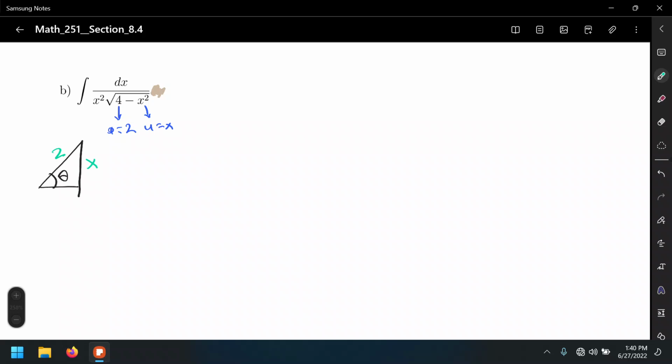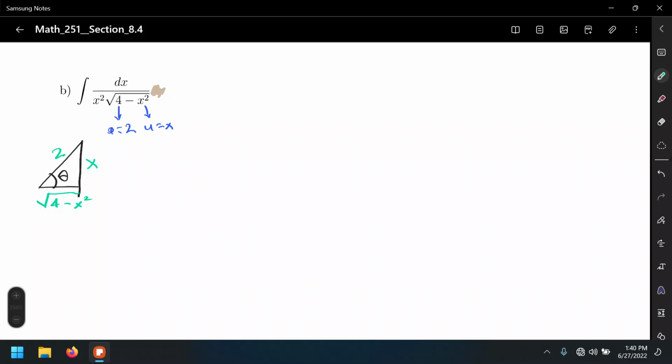Due to identities, we can get different forms, but essentially giving us the same result. So let's see, the remaining side will be the square root of 4 minus x squared. All right, so in this case we're going to do the usual substitution. So the question is, which of these two is simpler, radical over x or radical over 2?